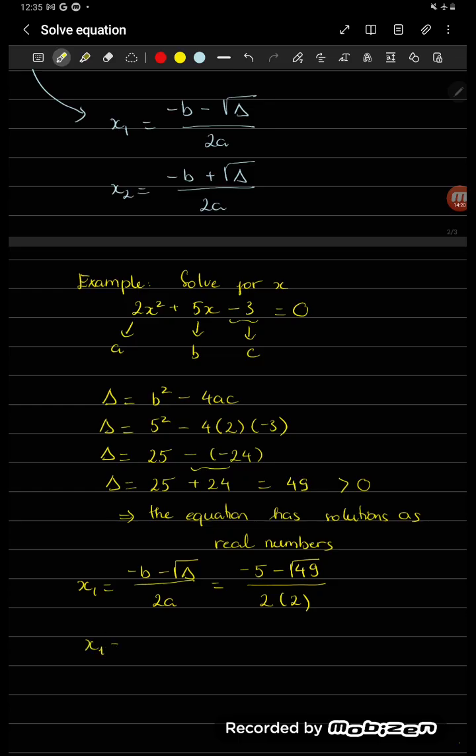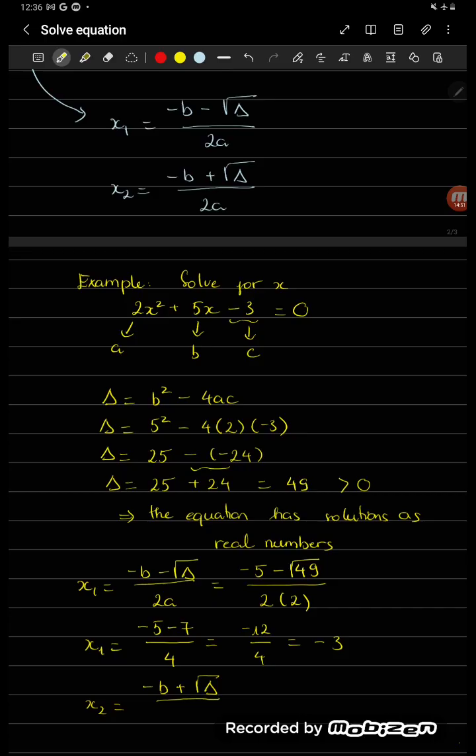So x1 equals negative 5 subtract 7, because the square root of 49 is 7, over 2 times 2 is 4. Negative 12 over 4, so the answer is negative 3. So that's x1.